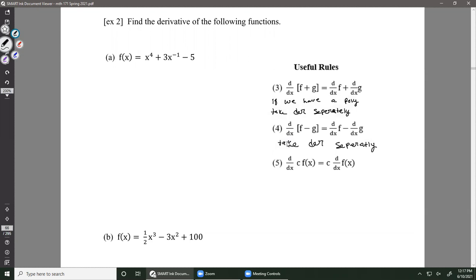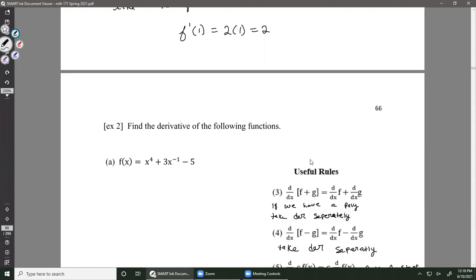The last rule on here, number 5, we have d dx of c times f of x. And that c is just a constant. And when you do that, the constant just sticks around out in front.